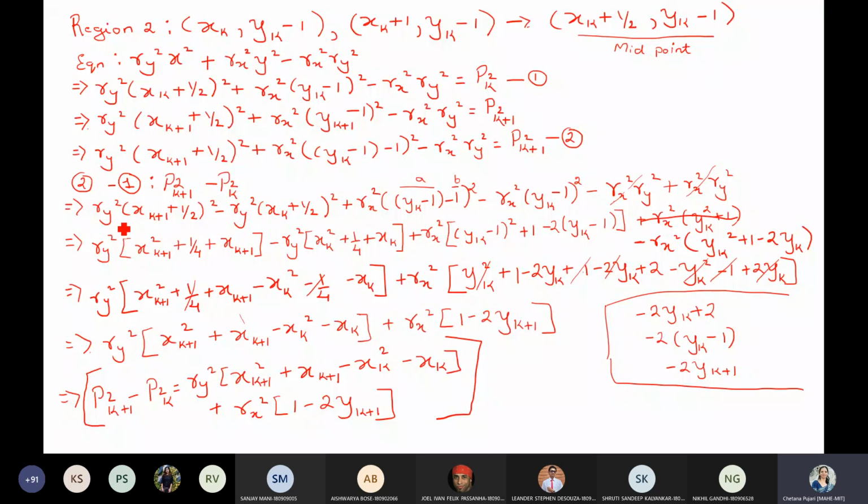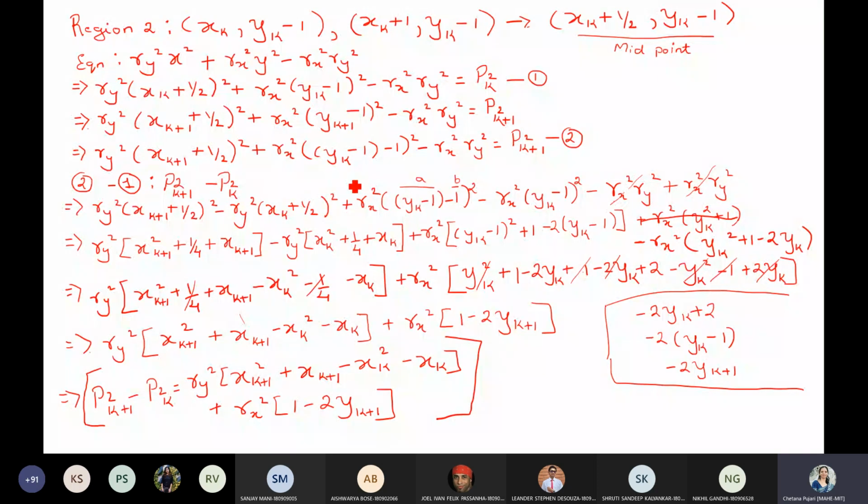So next, what do we have? Let's take ry square, xk plus 1 by 2 whole square, minus, because we are doing subtraction here, minus ry square xk plus 1 by 2 whole square from your pk. So next we are taking rx square for pk plus 1.